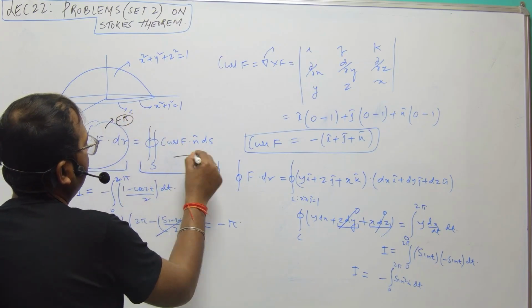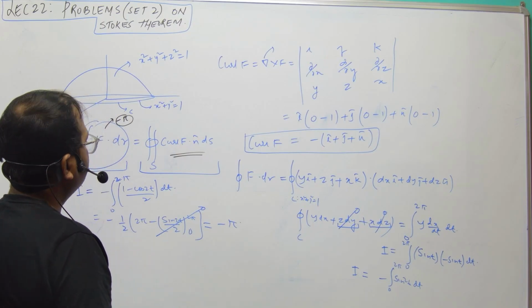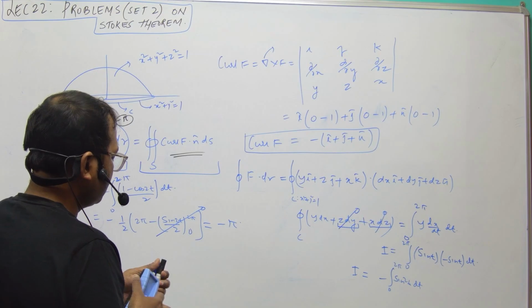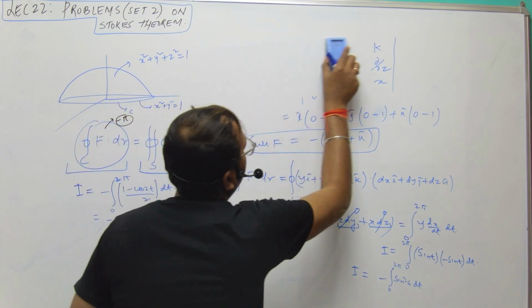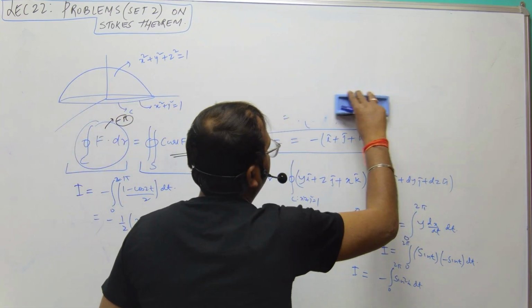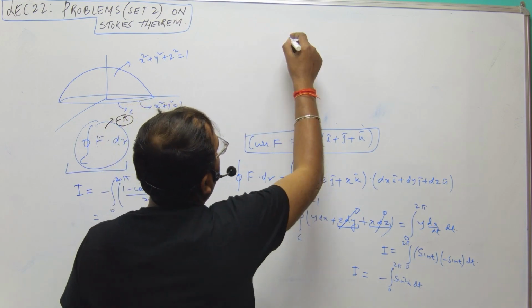Okay, now let us find curl of f dot n cap into ds. For finding this, we have to apply the Gauss divergence theorem. So let us write down the value of curl of f.